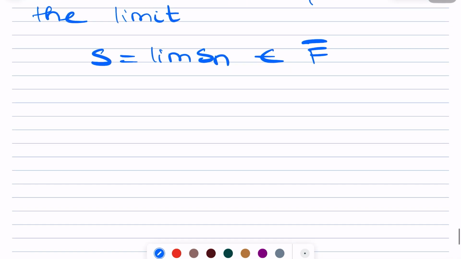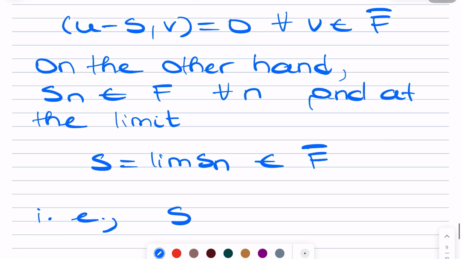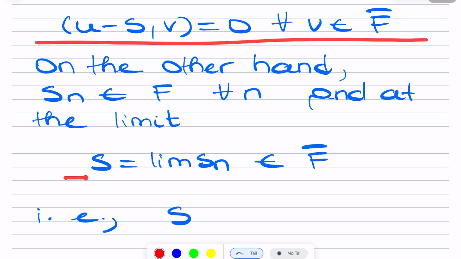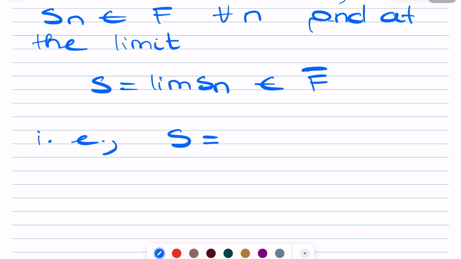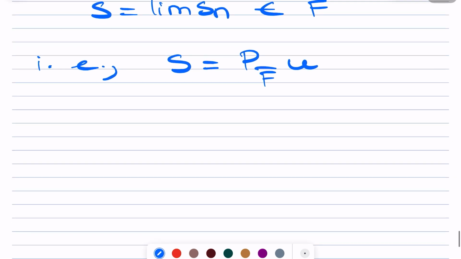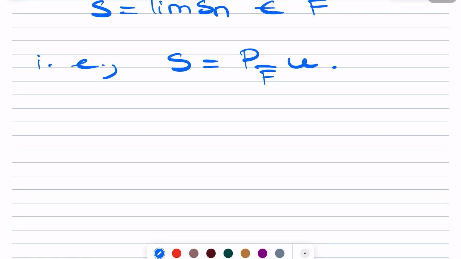So from this relation here and from this, we can say that S is the projection onto the closure of F of u. So this was actually our claim, so we proved it.